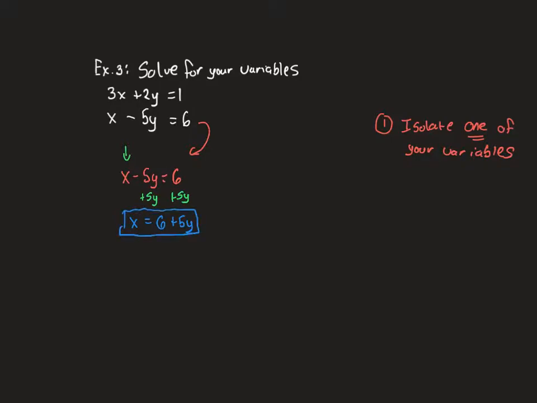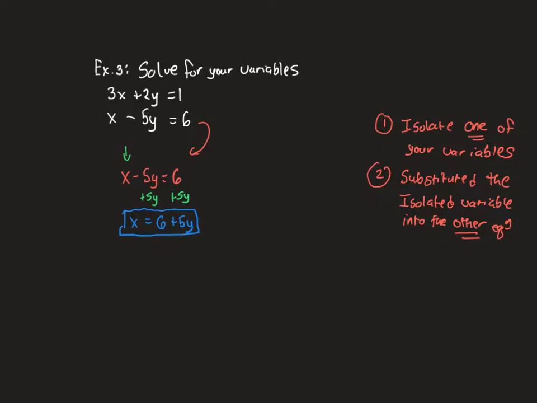What did we do in the other 2 cases? Or in pretty much every single lesson we've done up until now? The other thing we did was we substituted the isolated variable into the other equation.